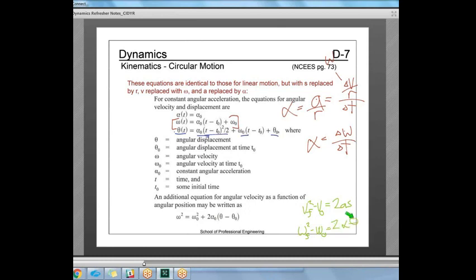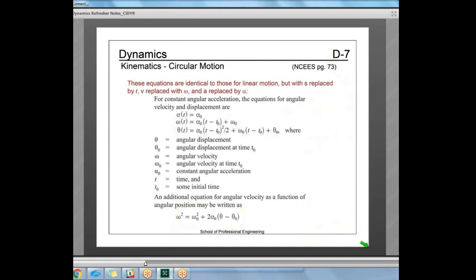Instead of saying that the difference in the squared v's is 2as, we can say the difference in the squared omegas is 2 alpha theta. So you can see it really does end up becoming a direct substitution of the Greek letters for the more usual ones.